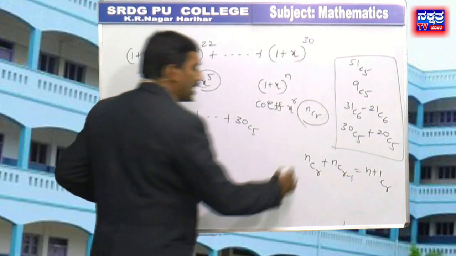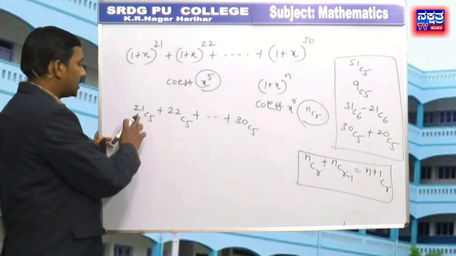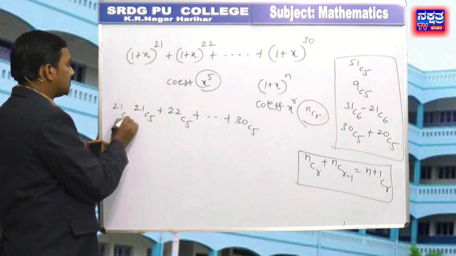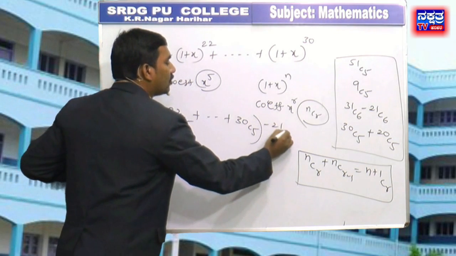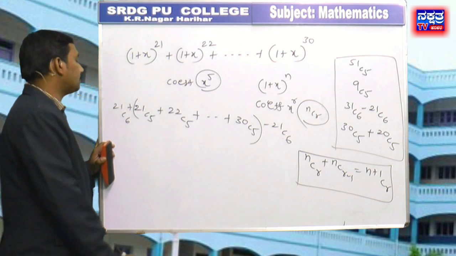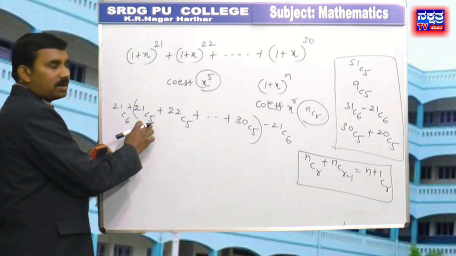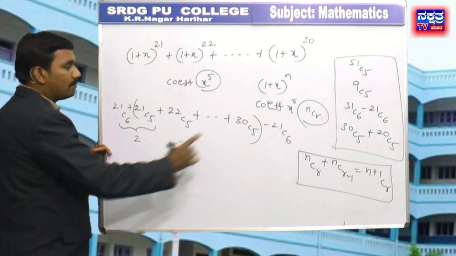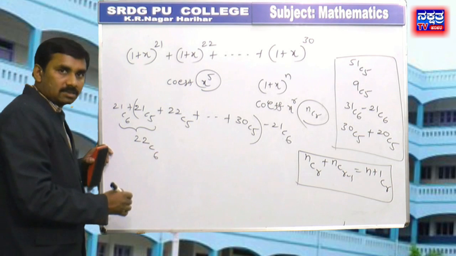Hence, by applying this to frame into this form, you add one term. What is that? 21C6. Add and subtract 21C6. Then nCr minus 1 plus nCr, you can write these both together as n plus 1 Cr, that is 22C6.